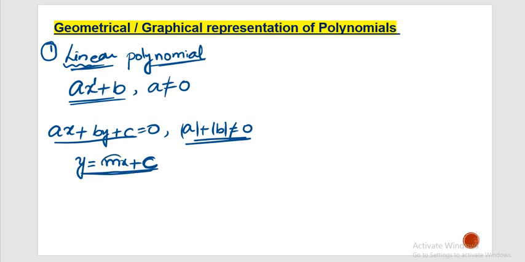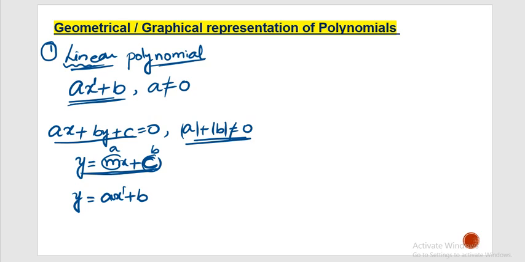If instead of m I take a and instead of c I take b, then I have my linear equation, ax plus b, which is my linear polynomial. So y is equal to ax plus b is the general representation of a linear polynomial.